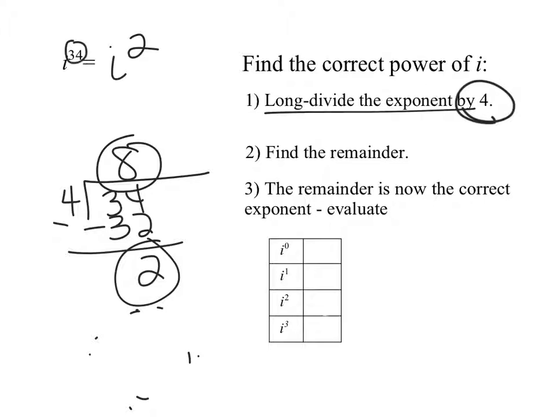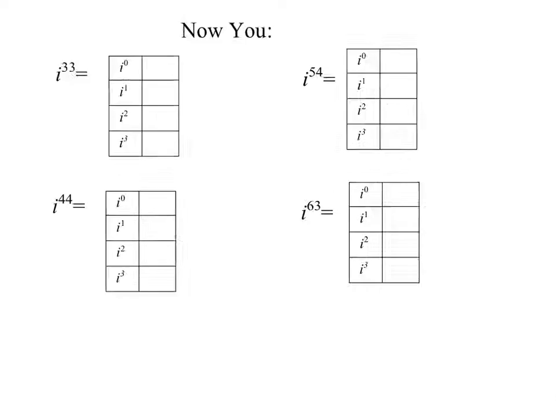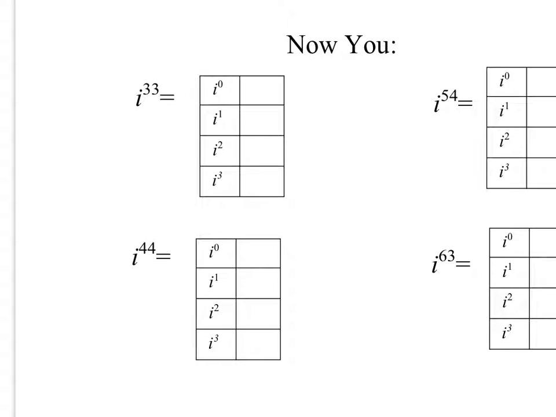So i to the 34th is the same as i squared, and we know that i squared is -1. That's it. So it's this one, which is -1. These lend themselves nicely to multiple choice questions because there's always only 4 answers, so get used to that. So let's try, I'll do 33 with you and you'll try the rest of these.